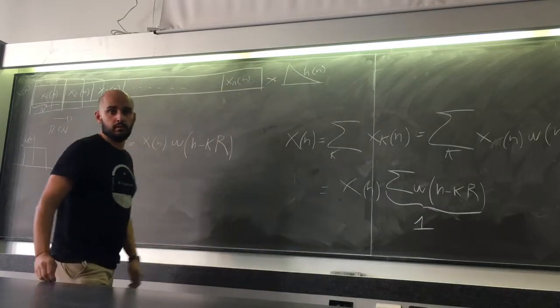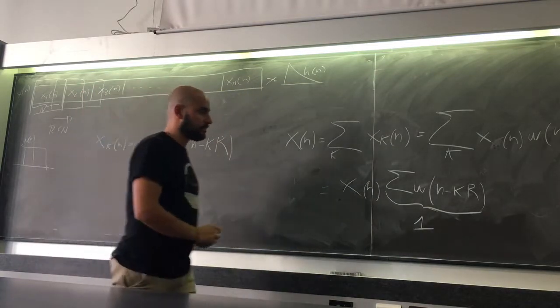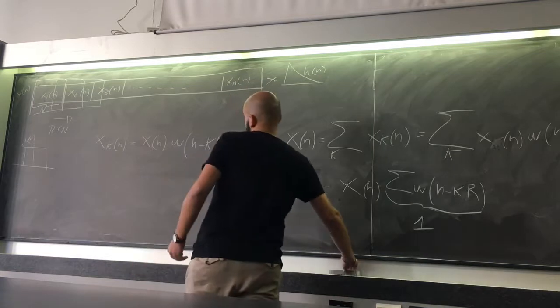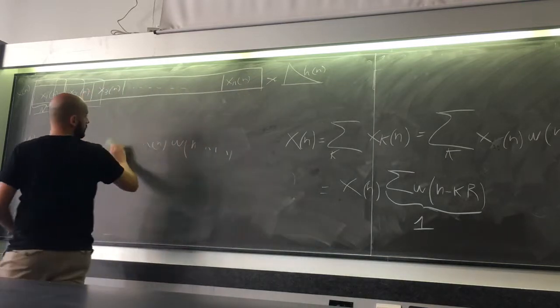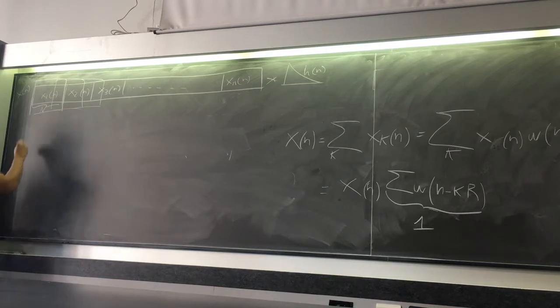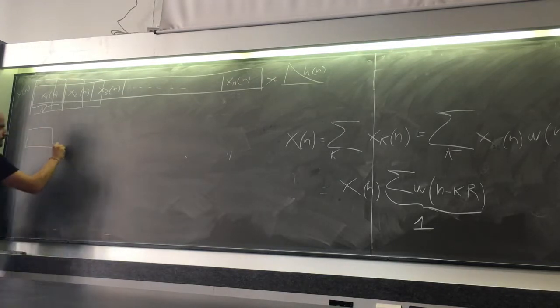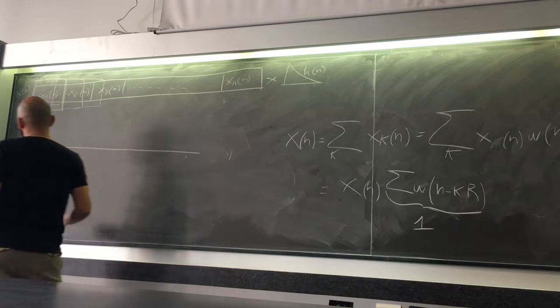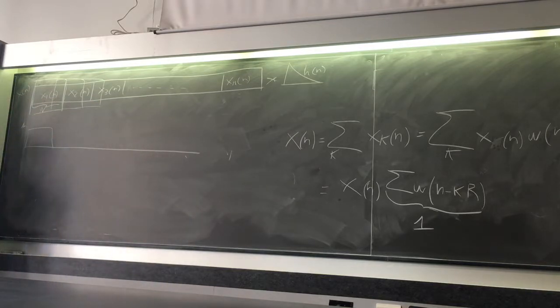Okay? So basically it means that if you take the first window, which is this, is 1, then we assume that we do not overlap the windows.